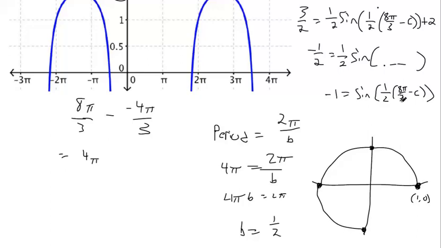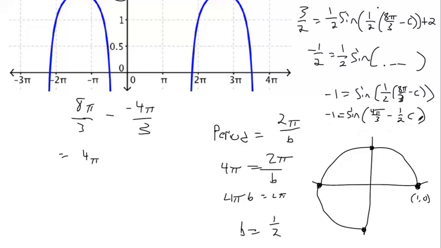And so in order to make that happen, let's distribute that negative 1/2. So that's 4 pi over 3 minus 1/2 times c. We need to find a value for c to make that equal to 3 pi over 2 on the inside, because sine of 3 pi over 2 would equal negative 1.